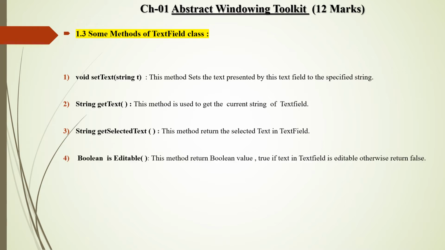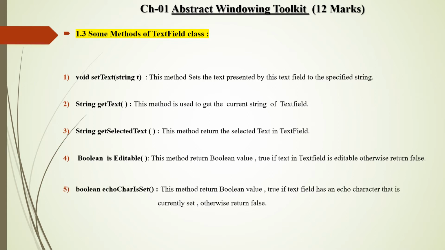Next method is isEditable. This method also does not have any parameter, but this method returns a boolean value, true or false. This method returns true if the text field is editable, and otherwise returns false if the text field is not editable.